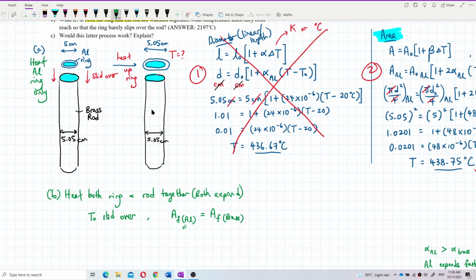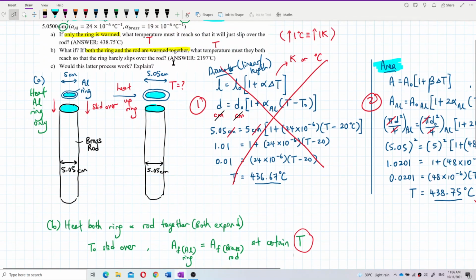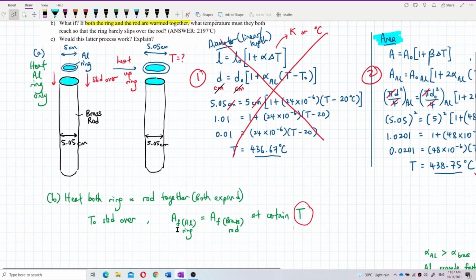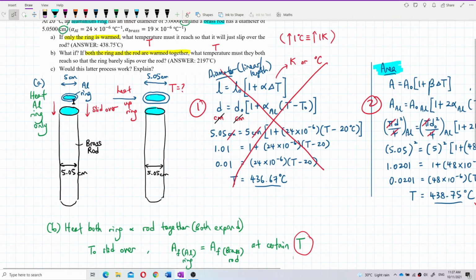This is the ring and this is the rod, isn't it? At a certain temperature that we want to find, this is our target. We want to find this temperature, when we heat up both the ring and the rod, so both will expand.